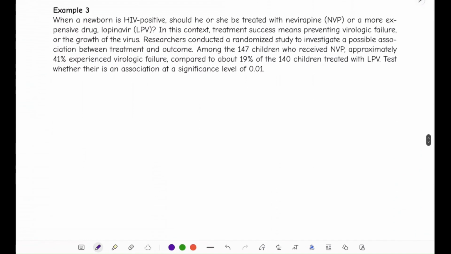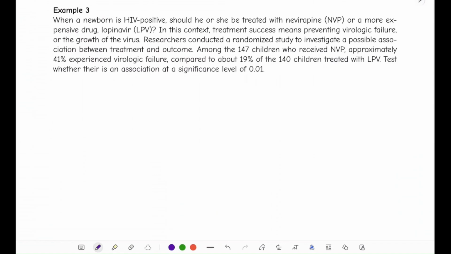So example 3. When a newborn is HIV positive, should he or she be treated with nevirapine, NVP, or a more expensive drug, lopinavir, LPV? In this context, treatment success means preventing virologic failure or the growth of the virus.